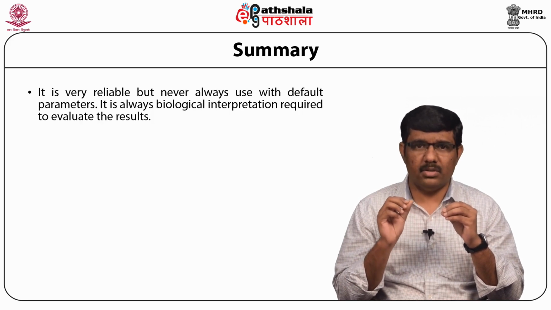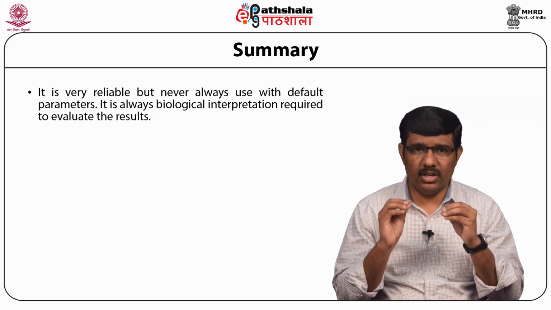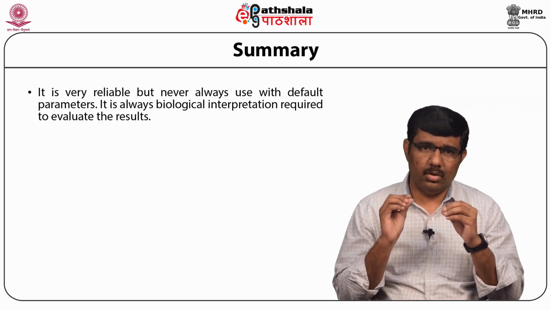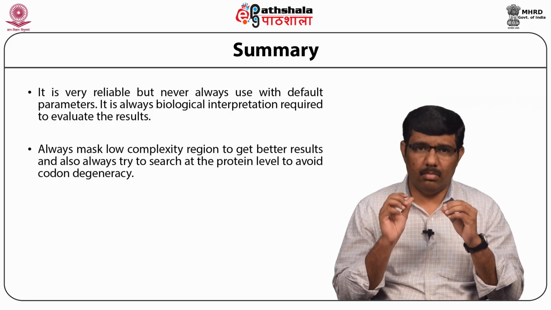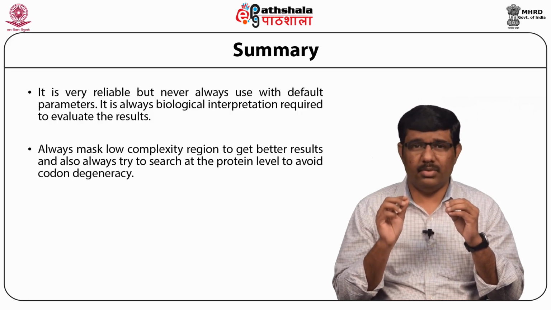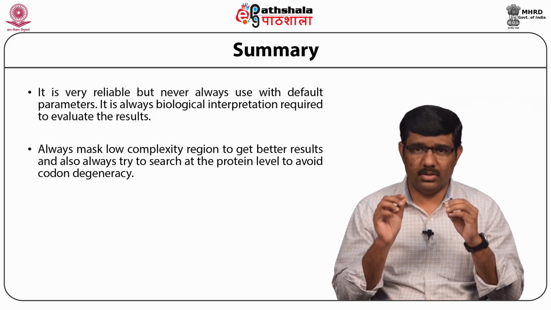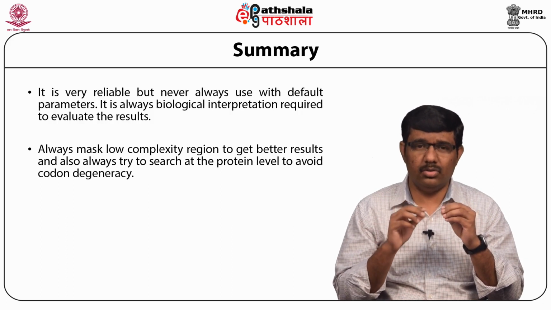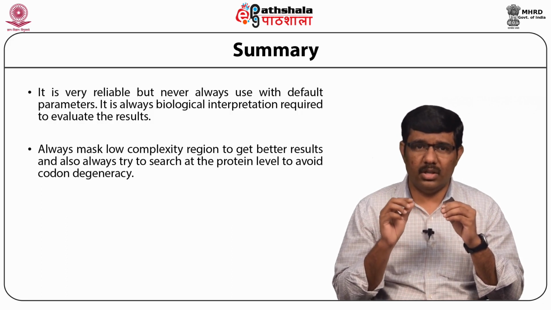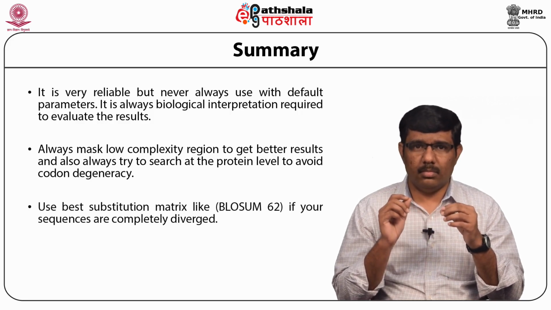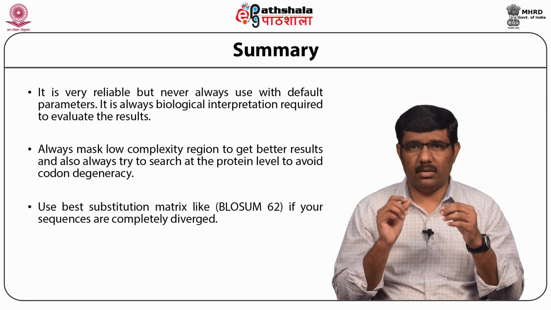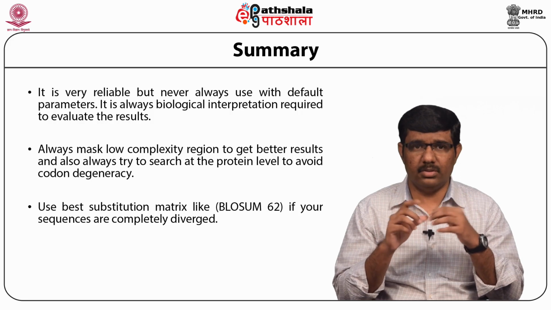It is always better to have biological interpretation to evaluate the results. Always use low complexity mask filters for the low complexity regions to get better results. Also always try to search at the protein level to avoid codon degeneracy. So use the best substitution matrix like BLOSUM 62 if you are using completely diverse sequences.